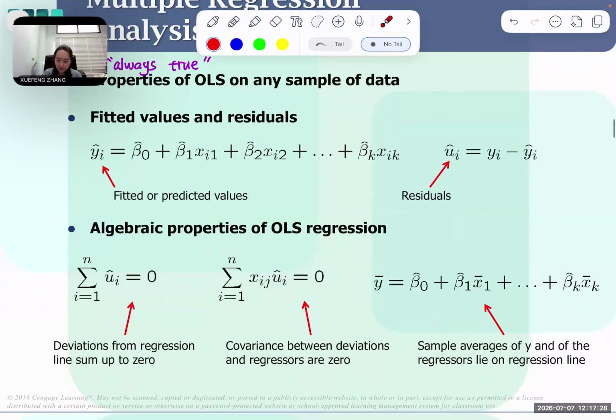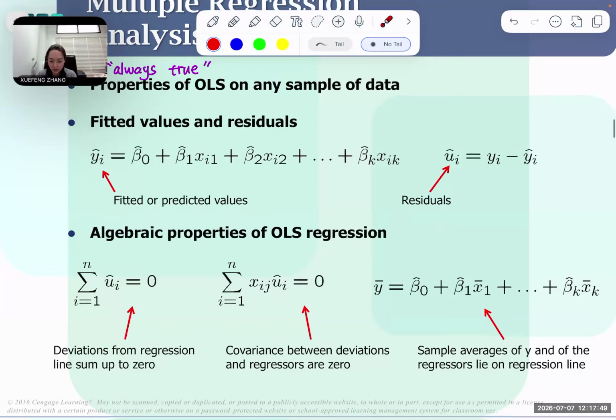Now, three properties that automatically fall out of how OLS is built. Because remember, OLS is defined as minimizing the summation of squared residuals, right?